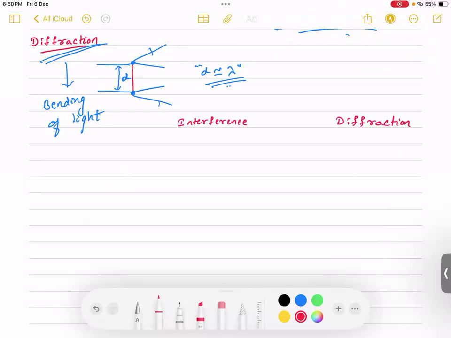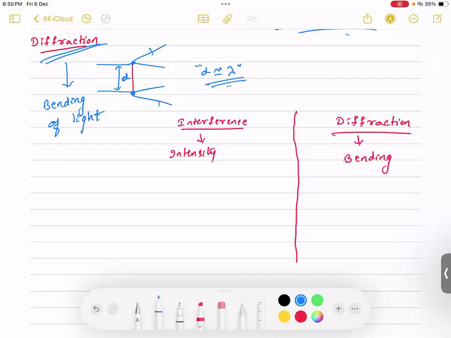So remember the differences. What does interference mean? Modification in the intensity of light. But in diffraction, it is bending of light. Here, how many sources are required?